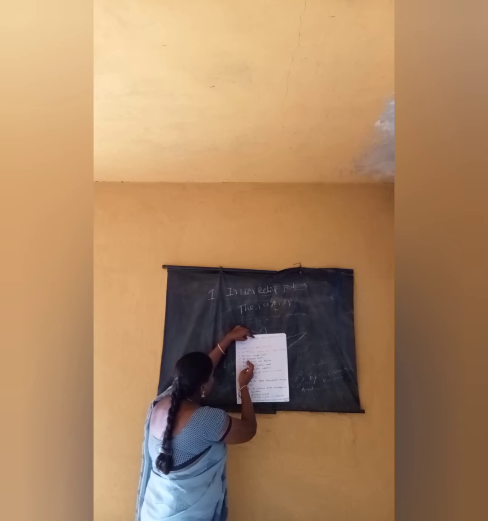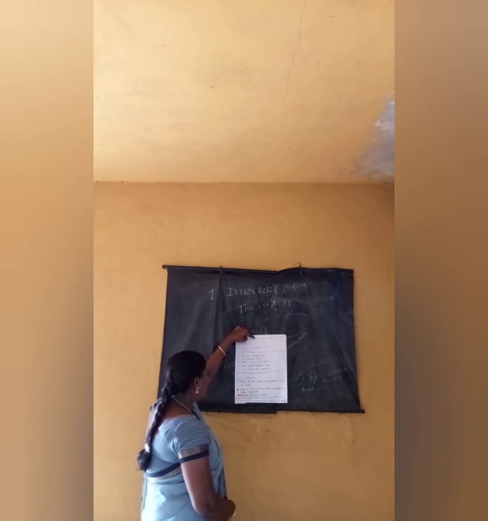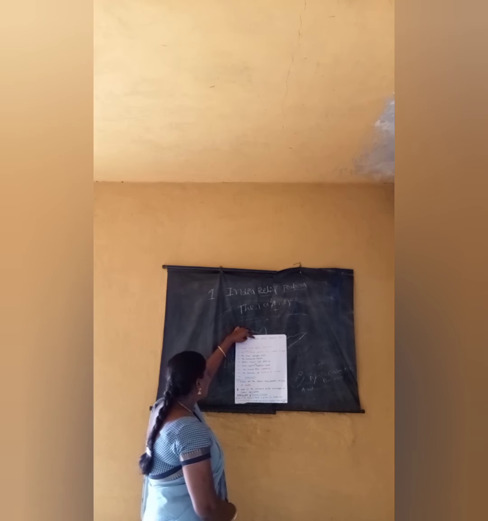Third, the Peninsular Plateau. Fourth, Indian famous hill stations. Sixth, river system, the Thar Desert. The coastal plains' importance. Formation of islands. Today we learned these important keywords.